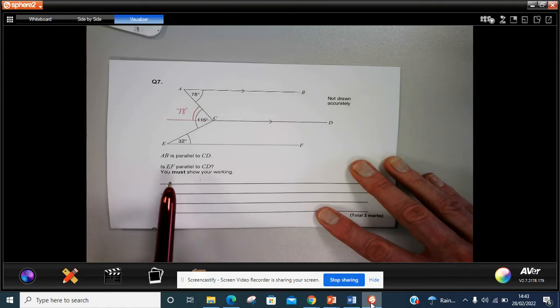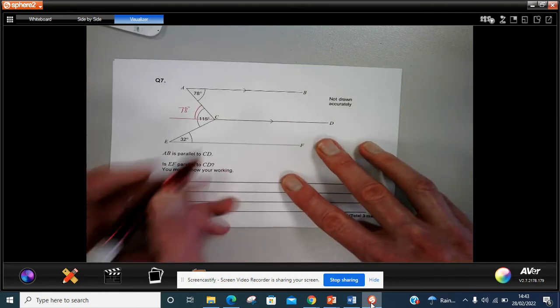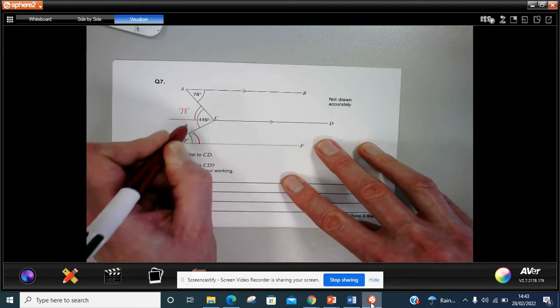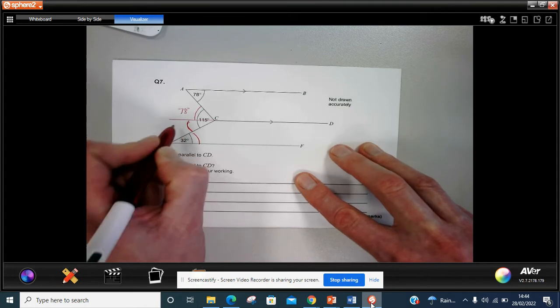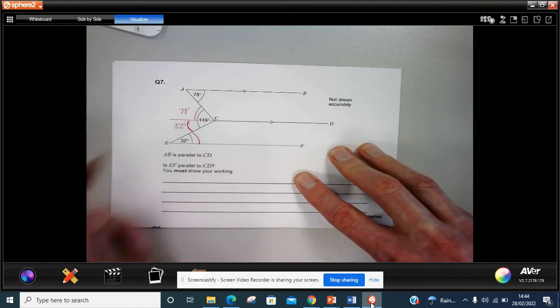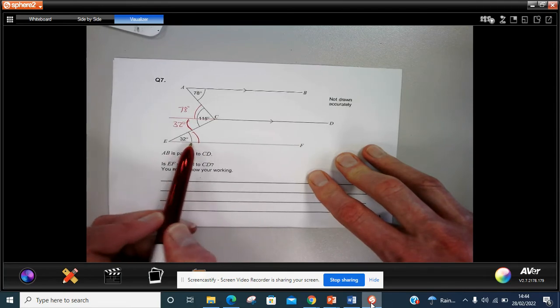So what we need to think about is, if EF was parallel to CD, then these two here will be alternate angles. So if they were parallel, that would be 32 degrees. So if that line was parallel to that one, those would both be 32 degrees.